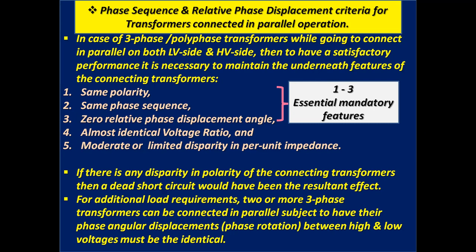For additional load requirements, two or more three-phase transformers can be connected in parallel, subject to have their phase angular displacements, that is, phase rotation between high and low voltages must be identical.